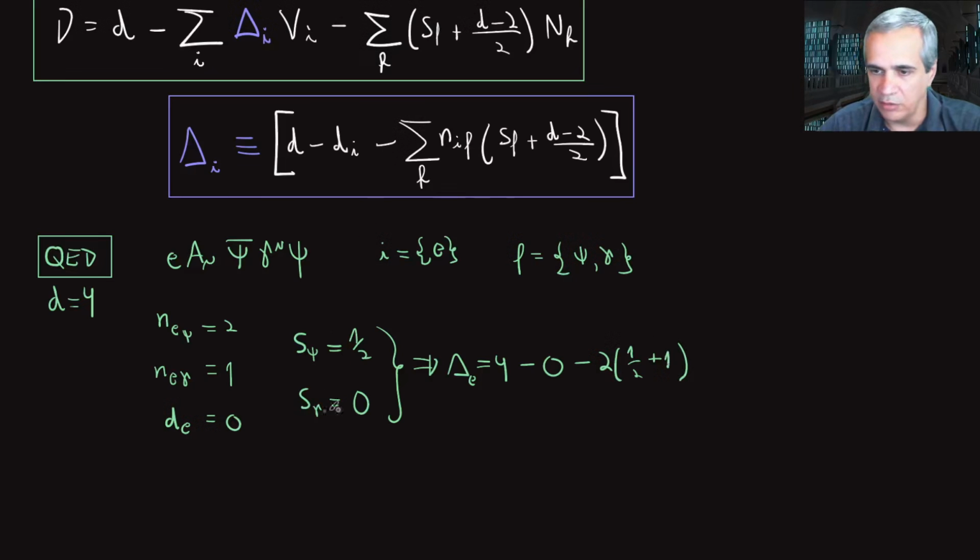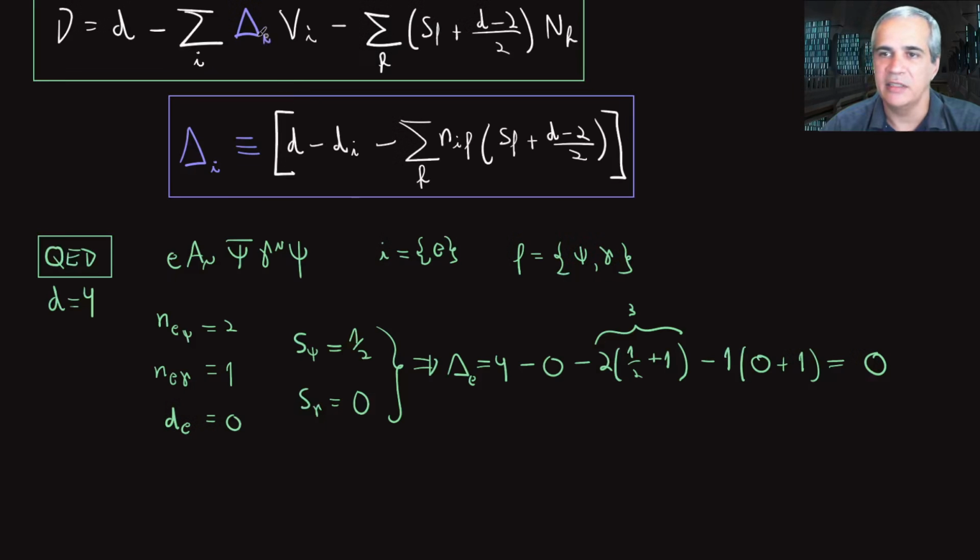And now the other term in this sum is the photon, so minus N_E photon, which is 1, times S_F, which is 0 for the photon, and this just depends on space-time, which is 1. So we have a 3 here, so 3 halves times 2 is 3. There's another 1 here, so 4 minus 4, delta_E is 0.